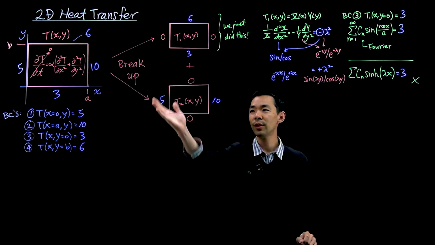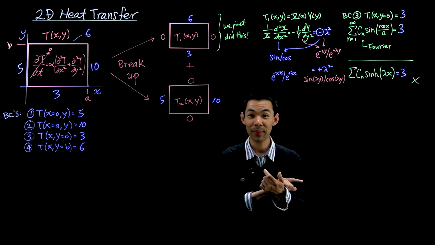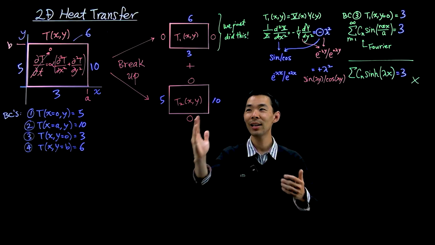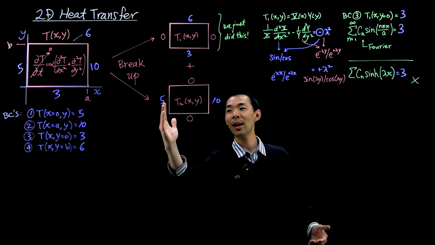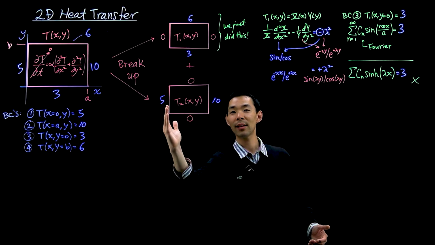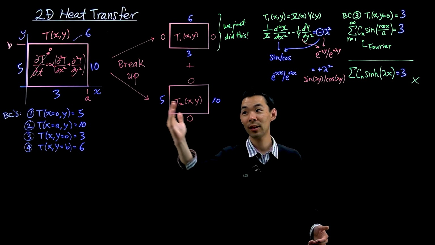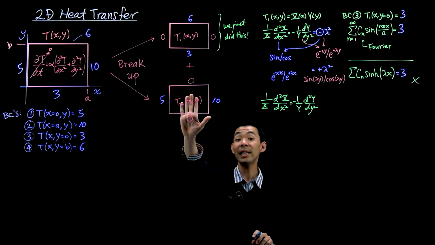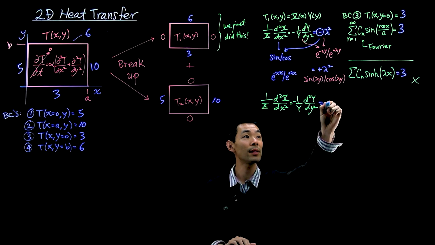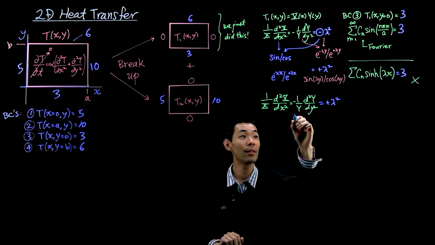So for this problem down here, for the T2 problem, you actually want to flip it in the other direction because you want sines and cosines along the y direction so that when you apply the boundary condition along the x at 0, x at a, you will get a Fourier series to capture those boundaries. So for this bottom problem for T2, you actually want to set this equal to positive lambda squared so that this problem right here gives you sines and cosines.